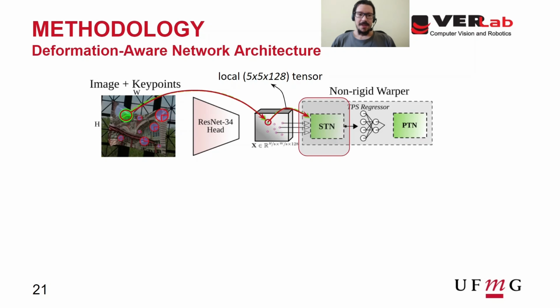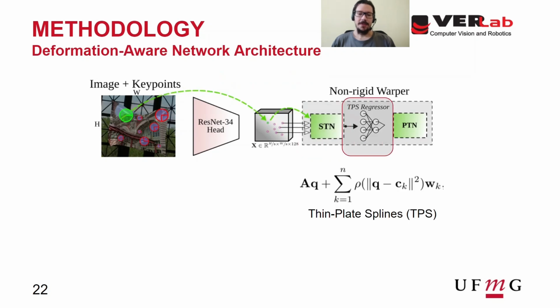After extracting mid-level image features, the first spatial transformer block is used to obtain a local 5x5 tensor from the feature map at the position of each key point. This local tensor encodes mid-level semantics such as local shape and texture that can be used by the thin plate splines regressor. In our network, we model the local deformations via a thin plate splines transformation, which is fully differentiable.